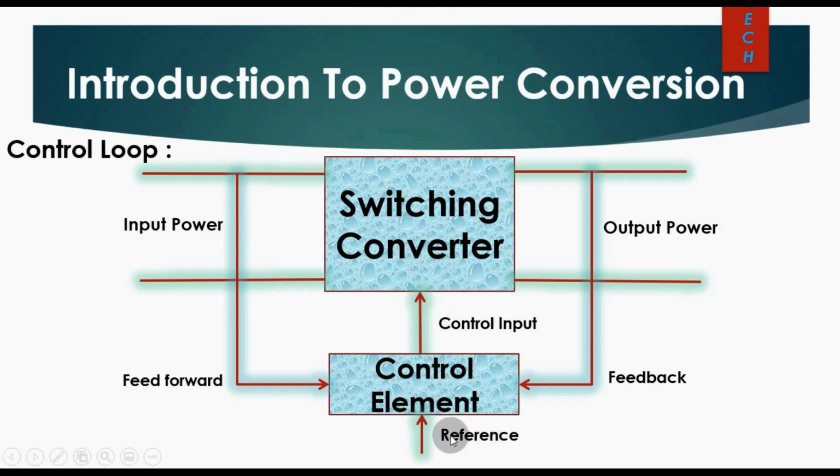Here we have a reference against which this control element monitors the signals of input power and output power. Basically this control element is made of analog circuits. It could be an op-amp based design.